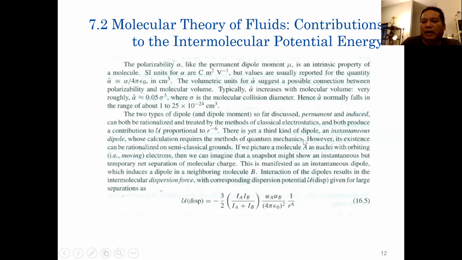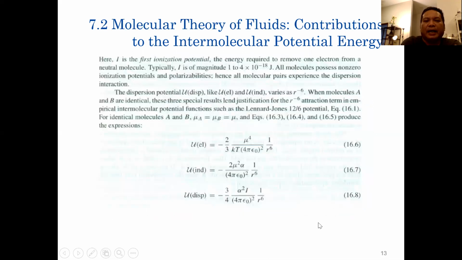But there's a third kind of dipole, an instantaneous dipole, which we call dispersion. So this is the dispersion potential, which you can use this equation here, for large separations. And I is the first ionization potential, the energy required to remove one electron from a neutral molecule.